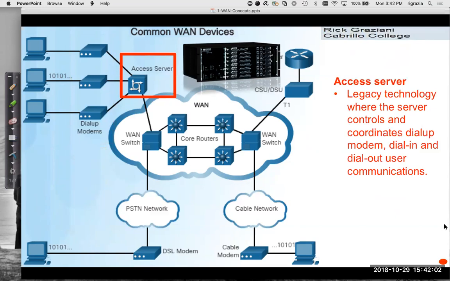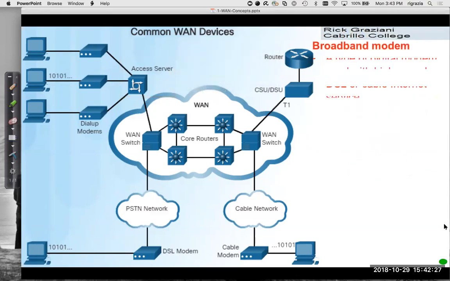It was common back in the day when we used dial-up to connect to the internet. The homes would all have dial-up modems, and at different places within the internet service provider's network, they'd have these access servers, and that's basically where the dial-up modems terminated.